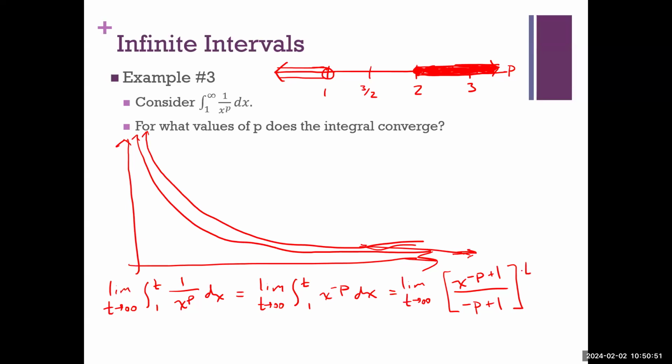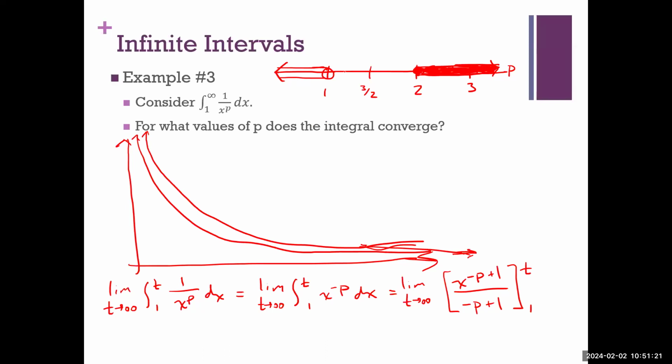So I like what Caleb said. The natural log is the thing that messed this up, right? What do I want the power on x to be to make sure that this new thing will converge? That's it.